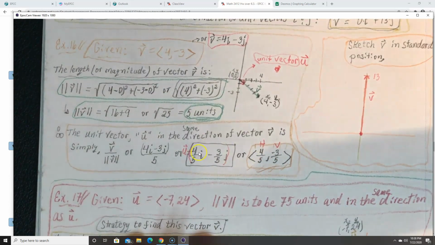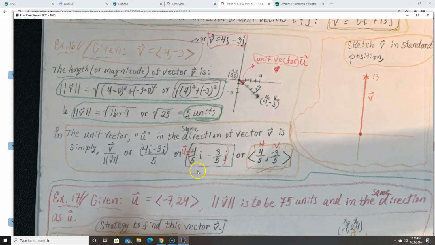Okay, so we should be able to put either one of these into WebAssign, because they don't even tell us how to write the answer.